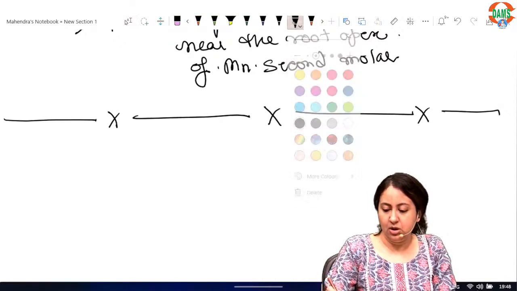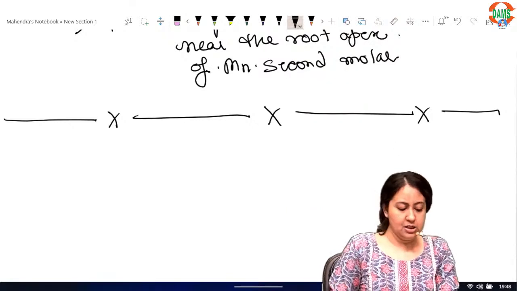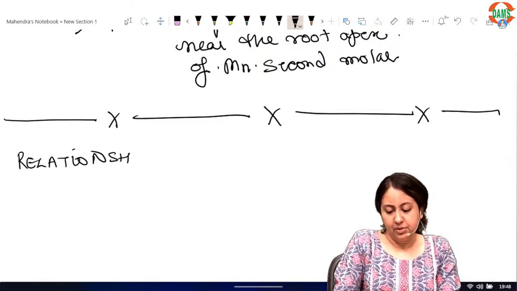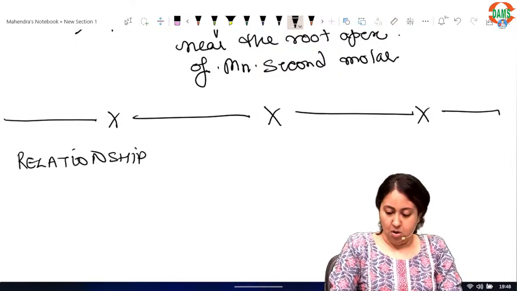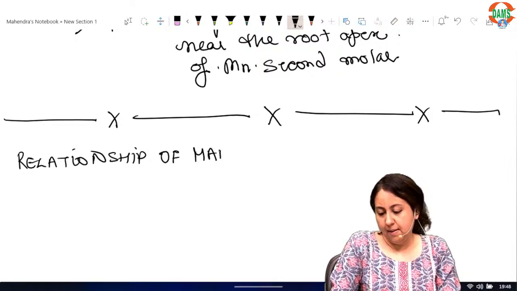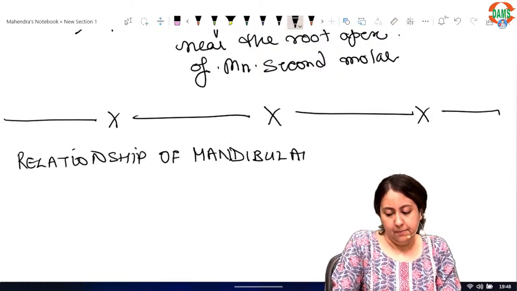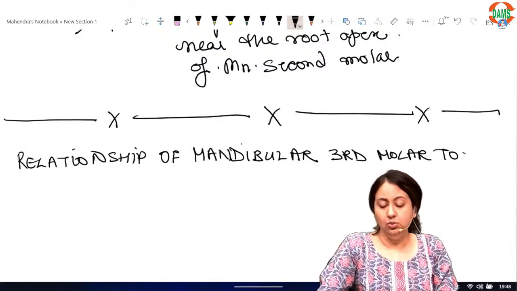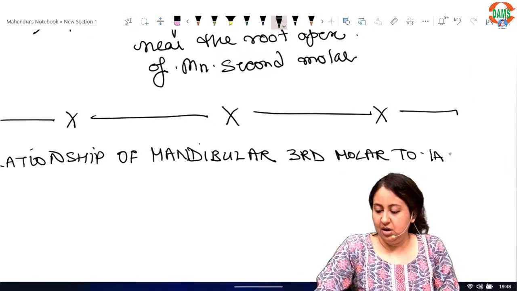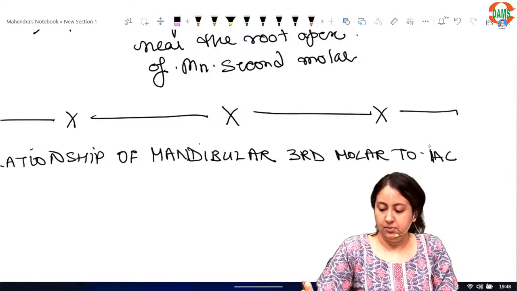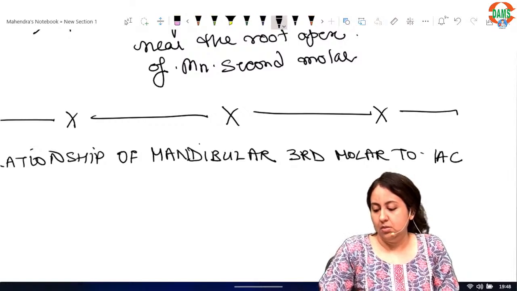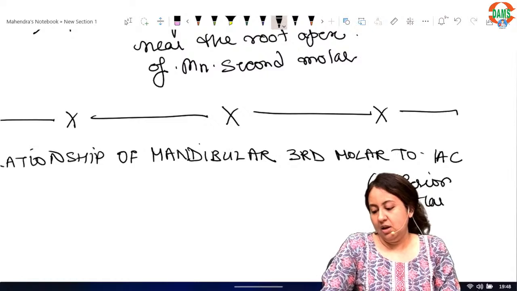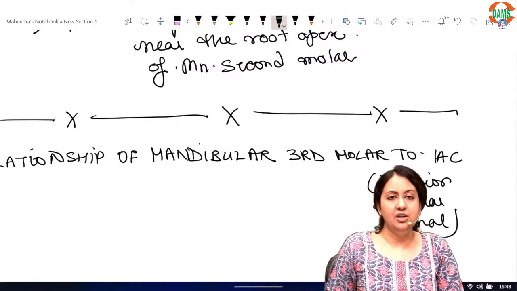I now want to cover another very important topic that is also most commonly asked, that is the relationship of mandibular third molar to inferior alveolar canal.